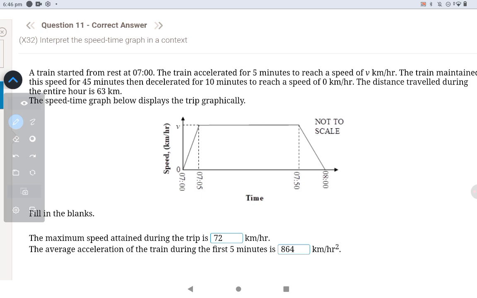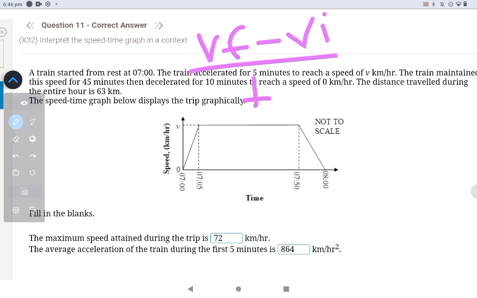Now, what do they want? The average acceleration of the train during the first 5 minutes. Okay, average acceleration. What is average acceleration? It's the velocity final minus velocity initial over time taken, or t2 minus t1, same thing. Now velocity final, we just found it, which is 72, minus velocity initial. It started at 0, so it's going to be 0, over time.